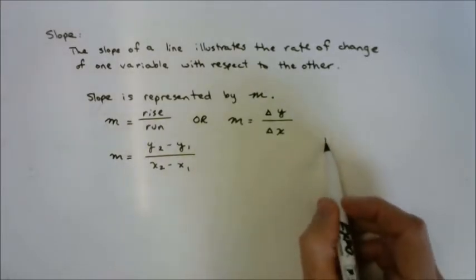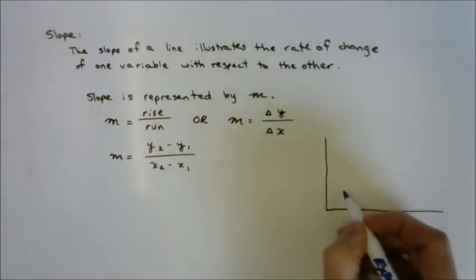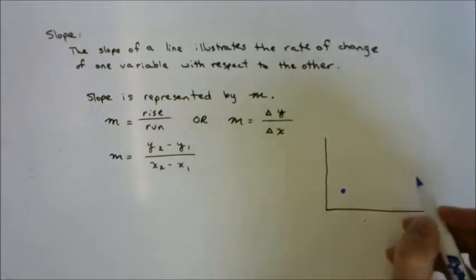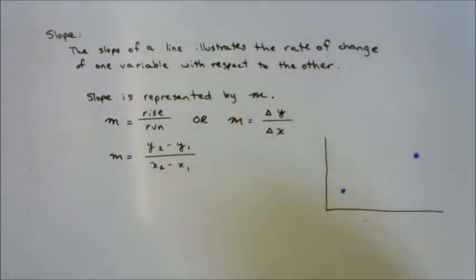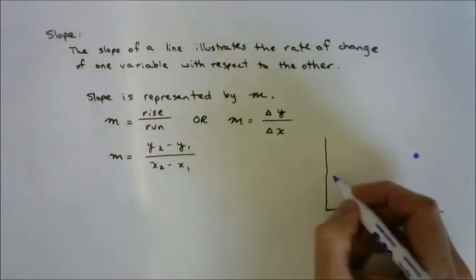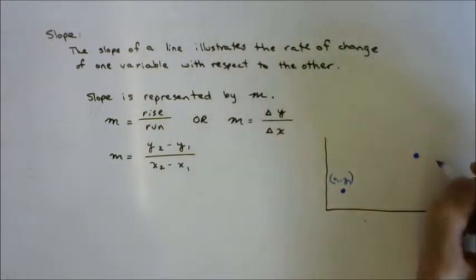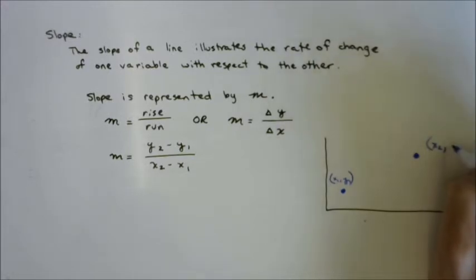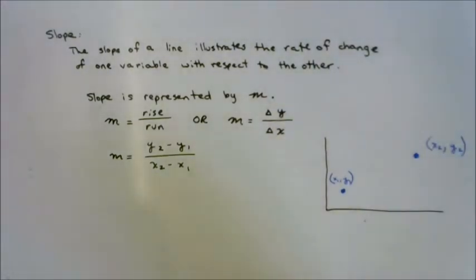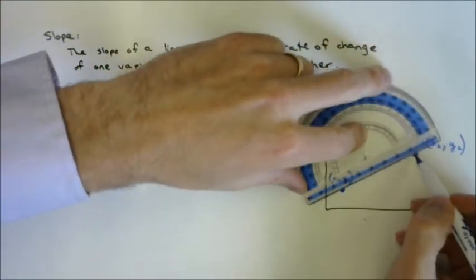Okay, you have a little chart there. We've drawn this exact picture before. Go ahead and put a point somewhere over here. Put a point somewhere over here. Okay? Call this point x1, y1. And these coordinates are x2, y2. Please use a straight edge to draw your line.